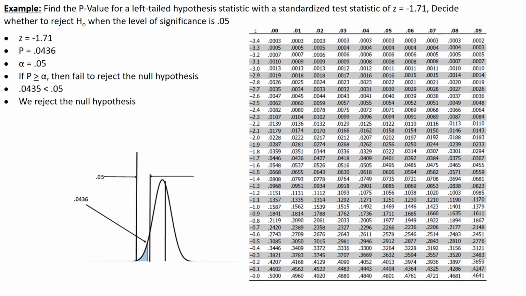Let's look at another example. Find a p-value for a left tail hypothesis test, and we see it's on the left side of the curve, with a standardized test statistic of z equals negative 1.71. Decide whether to reject the null hypothesis when the level is 0.05. I've drawn a bell curve here.